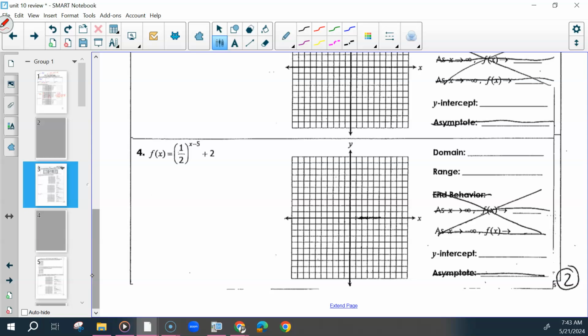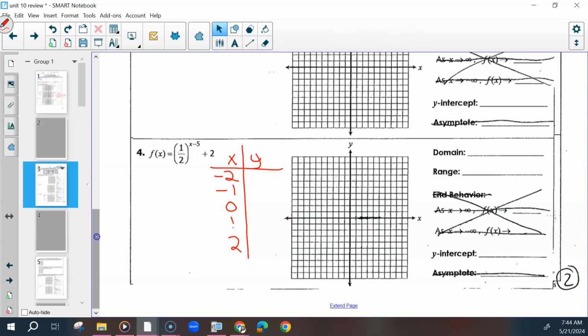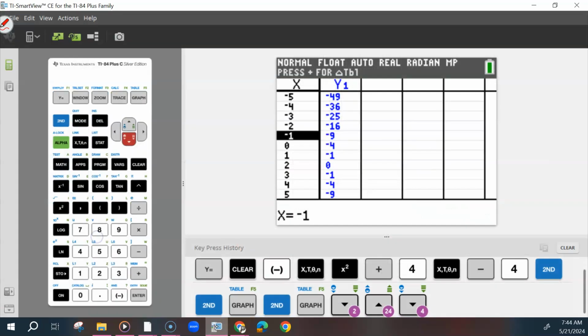So with number 4, I need a table in order to graph these. We're going to start with the same 5 values every time you get an exponential function: -2, -1, 0, 1, 2. Whether we can use those points or not will depend on the numbers we get in the table. So in your y equals, go ahead and type this equation in.